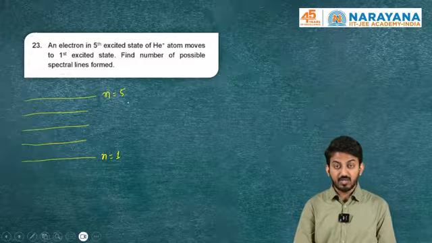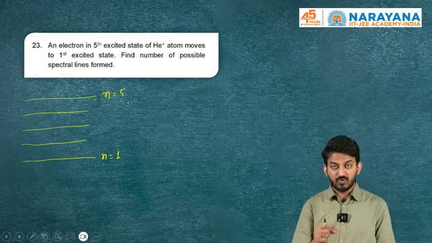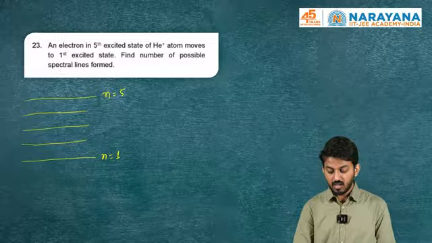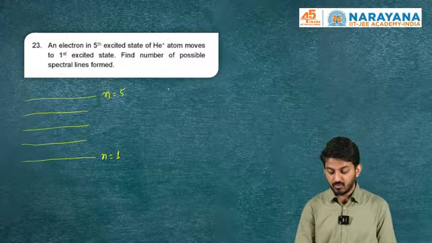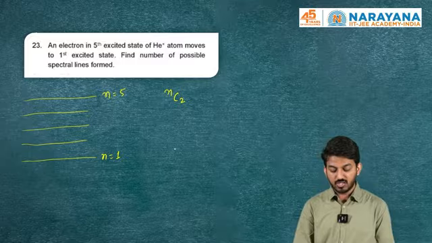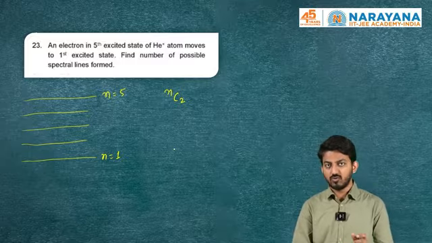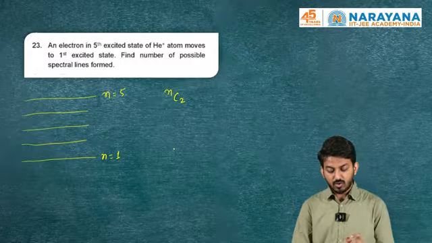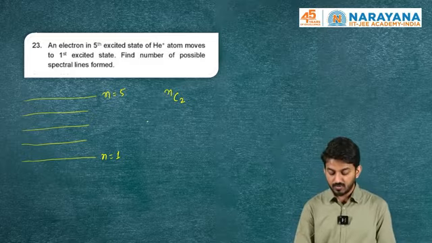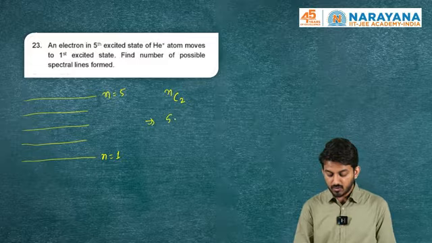But one thing, any possible transition between any two orbitals can be done. So from selection in mathematics we know nC2. Out of these n shells we are supposed to select any two, and all those transitions, or all those spectral lines, will be available. So our answer is going to be 5C2.